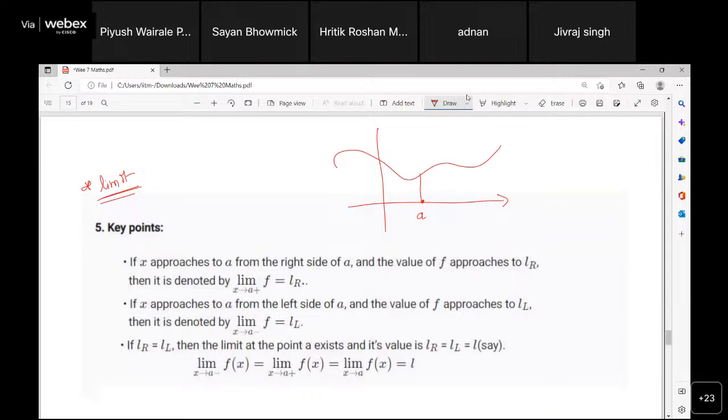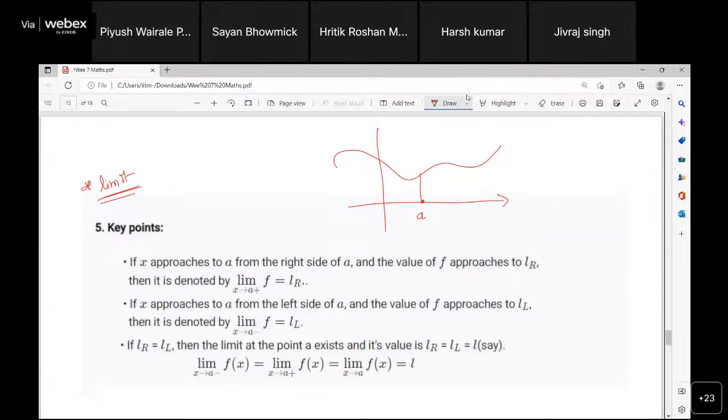The left hand limit and right hand limit should be equal and should be finite, right? Then we can say the limit exists at a particular point, right? Yes, sir.